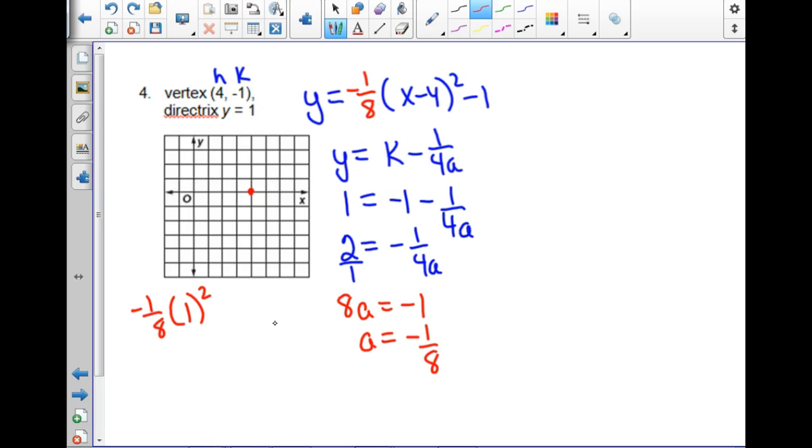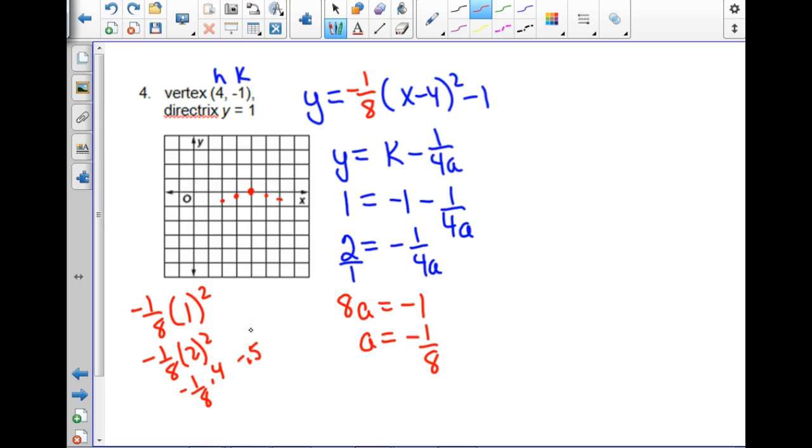Negative 1/8 times 1 squared would be negative 1/8, so you'd go down a tiny amount and over 1, and do the same on the left. If I did negative 1/8 times 2 squared, I'm going to get negative 1/8 times 4, and that's negative a half. So I'd be going down a half over 2. It's not getting me very far, but it's still showing me the shape.